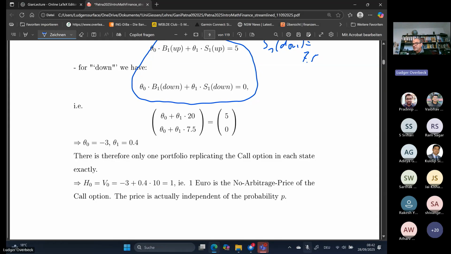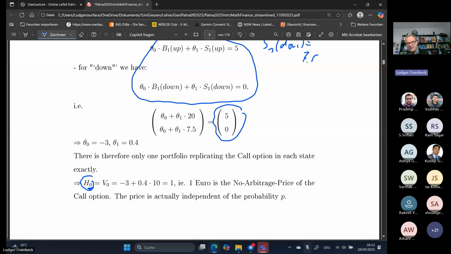So this means this portfolio, which you construct as a banker, which gives you the same payout as the call option, has a value today of just €1. And just by the replication argument, what you see importantly, P disappears.